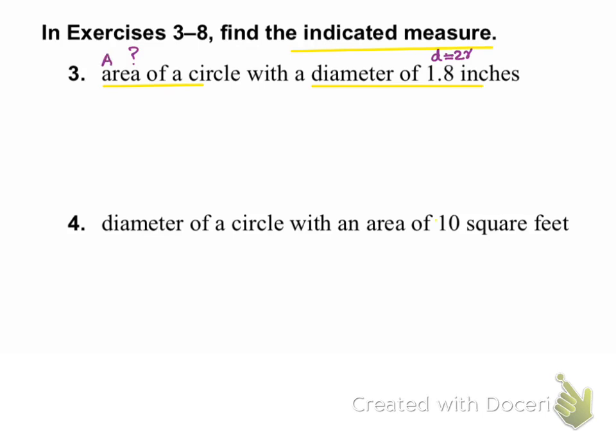So let's write down the area formula. A is equal to pi r squared. I need r, but here I have been given D, so I can use it. I can find r is 1.8 over 2, half of the diameter, and that's 0.9 inches. I can use that here.